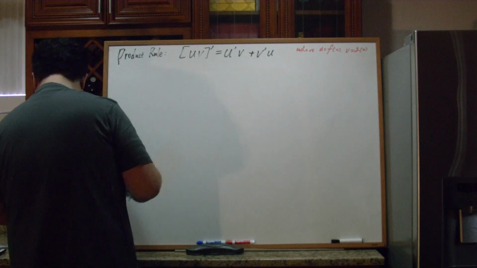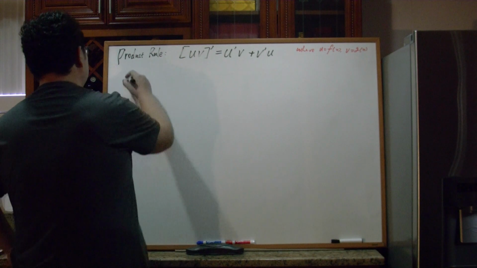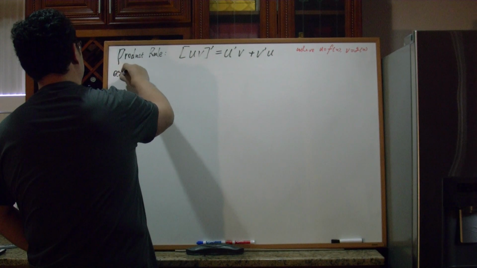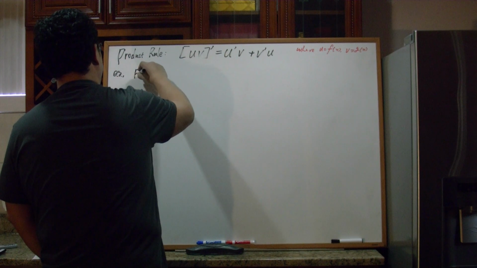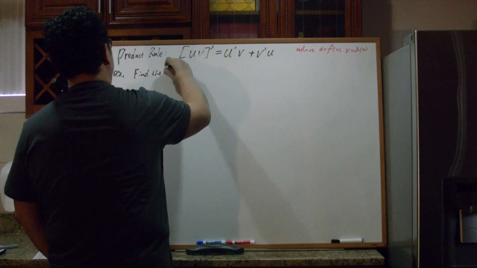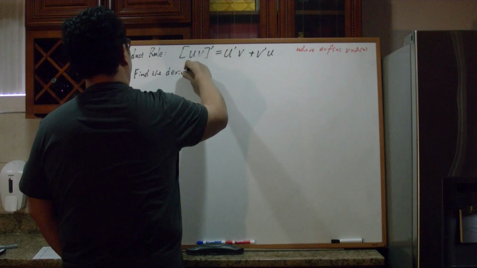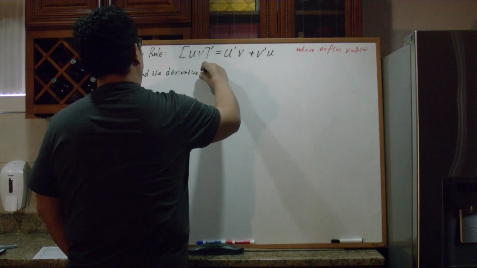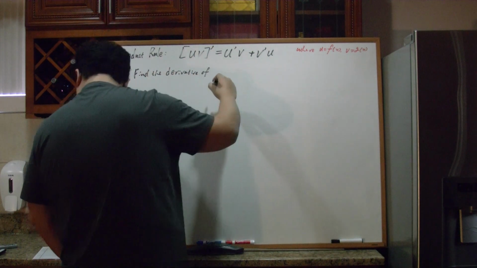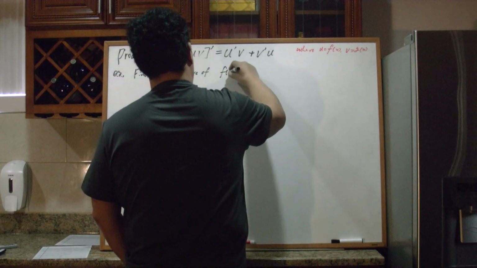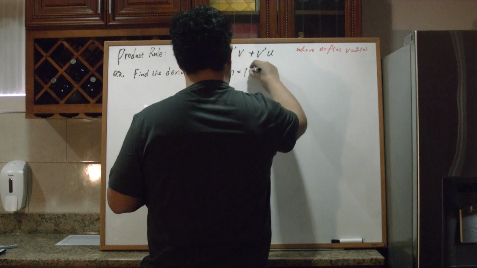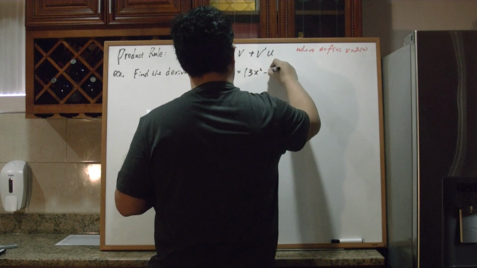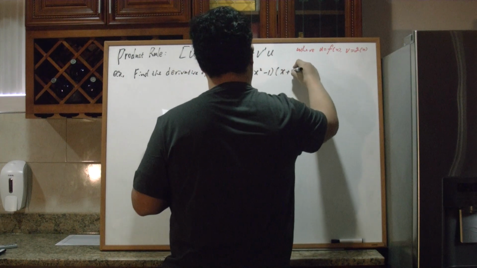So when we do a question, for example, let's see if the product rule is working. Find the derivative of f of x equals 3x squared minus 1 times x plus 2.